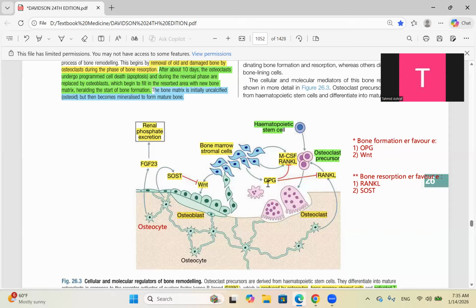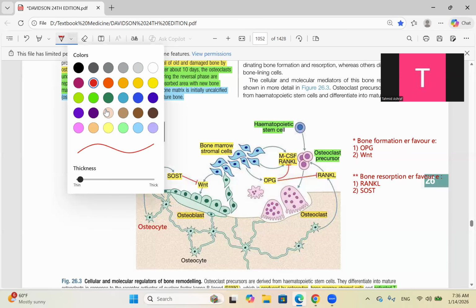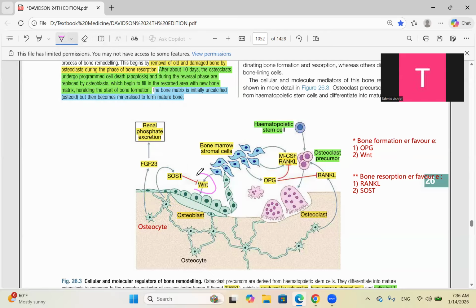You will just listen to me. Osteoprotegerin is one of the 2 factors that favor bone formation, and the other one is WNT. Let me mark these 2 with a different color. Let's mark it pink. So WNT and osteoprotegerin. I have written that here also. Factors favoring bone formation, osteoprotegerin and WNT.